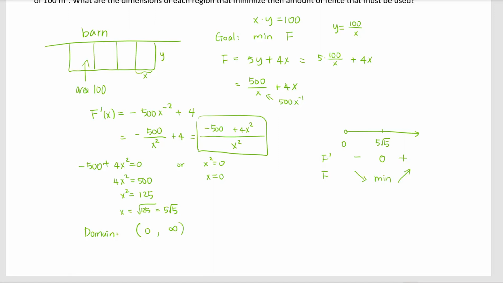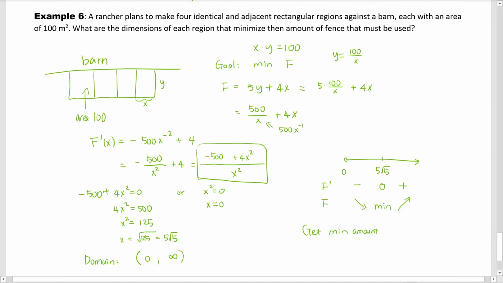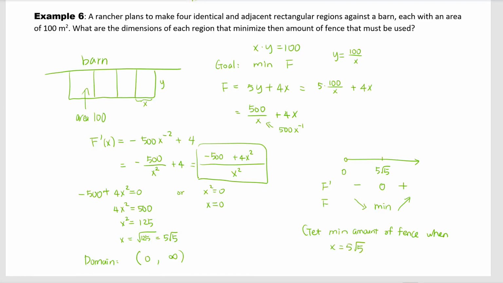Are we looking for a minimum? Yes, we want to find the minimum amount of fence, which occurs when x is 5 square root of 5.